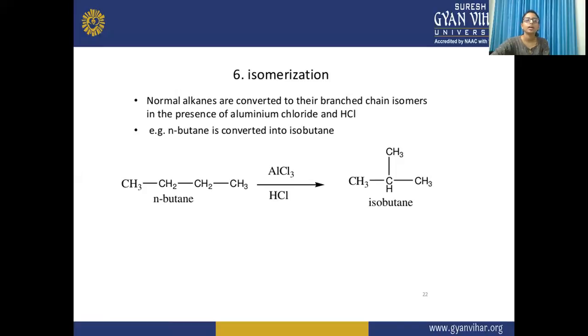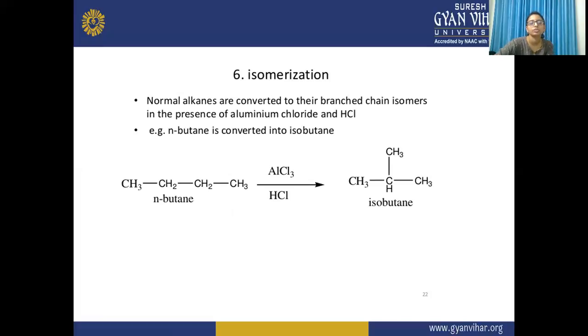So here this is a normal alkane, means it is a chain, n-butane is a chain compound, and in the presence of catalyst AlCl3, it is converting into the branched chain isomer. So here you can see this butane is having the same molecular formula as that of isobutane. So here C4, in case of isobutane, also 4 carbons are present, and hydrogens are 10.